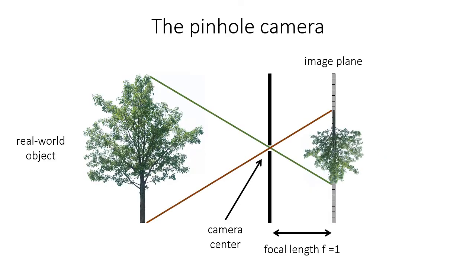Let me revisit the pinhole camera model as shown in this figure to explain the previous equation. Small x is equal to the camera matrix P multiplied by large X. This is the real world object, and each ray goes through this optical center or pinhole, and this image plane is apart by the focal length f.